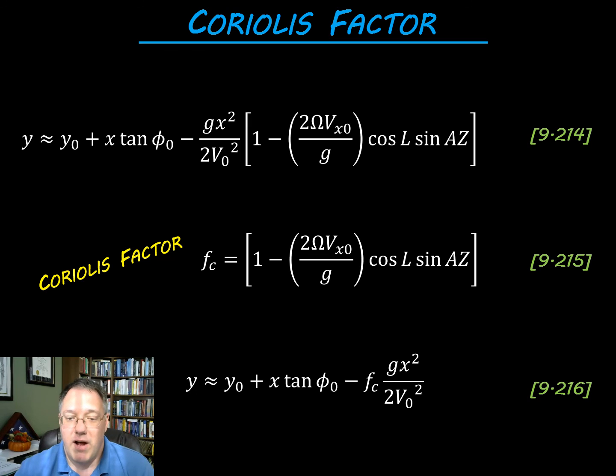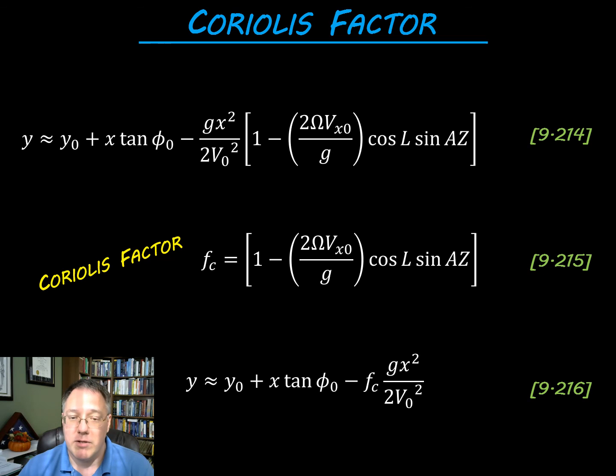So if we're firing directly due north or due south, think to yourself for a moment, what does that mean? Well, if we're firing directly due north or due south, then that sine term is going to go to 0, and this entire Coriolis portion is going to drop out. So it's not going to have any impact on the elevation, the altitude of where our round is at distance.